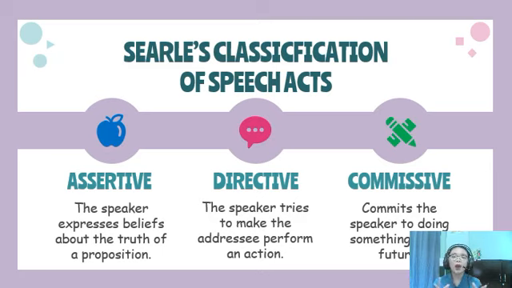Examples are promising, planning, and betting. An example of promising: I promise to myself that next year I will go to school earlier. What does it mean? It means that you need to be early next year when we have face to face. You want to avoid being late.